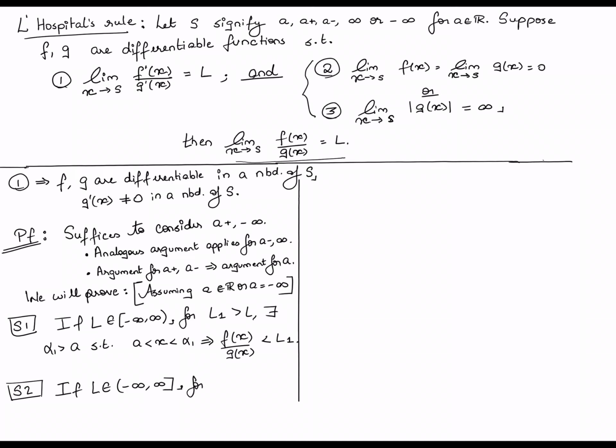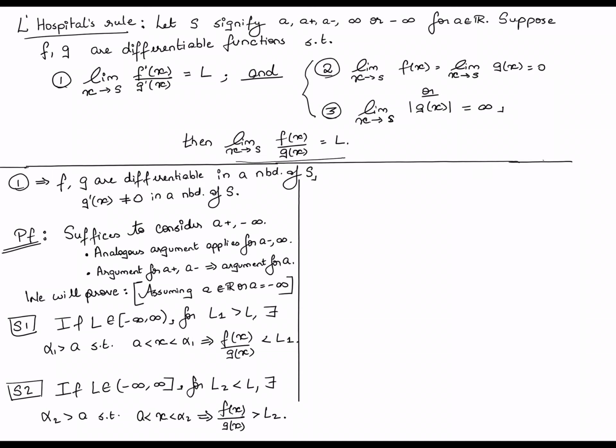Then for L2, which is less than L, there exists again some alpha 2 which is greater than a, such that a less than x less than alpha 2 implies f of x by g of x is greater than L2. Right? So what this means is that if you pick any number which is less than L, then being sufficiently close to a from the right implies that f of x by g of x is greater than L2.